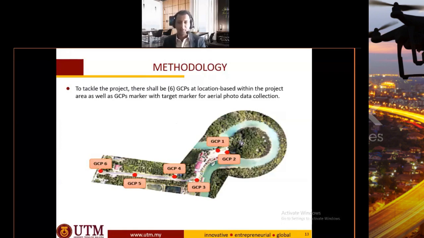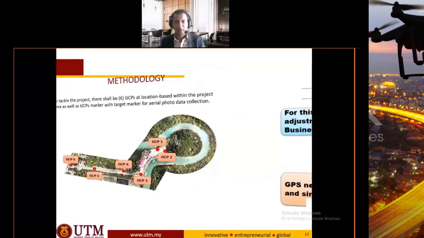It can give us accurate positioning. If there are more, then we go to further processing, but that doesn't need to be done. So 6 GCPs is the ideal number for my project.